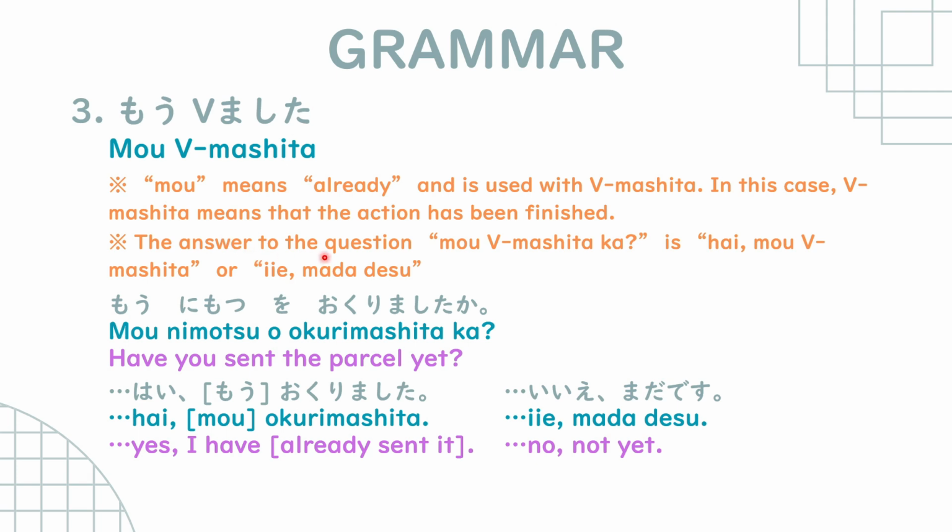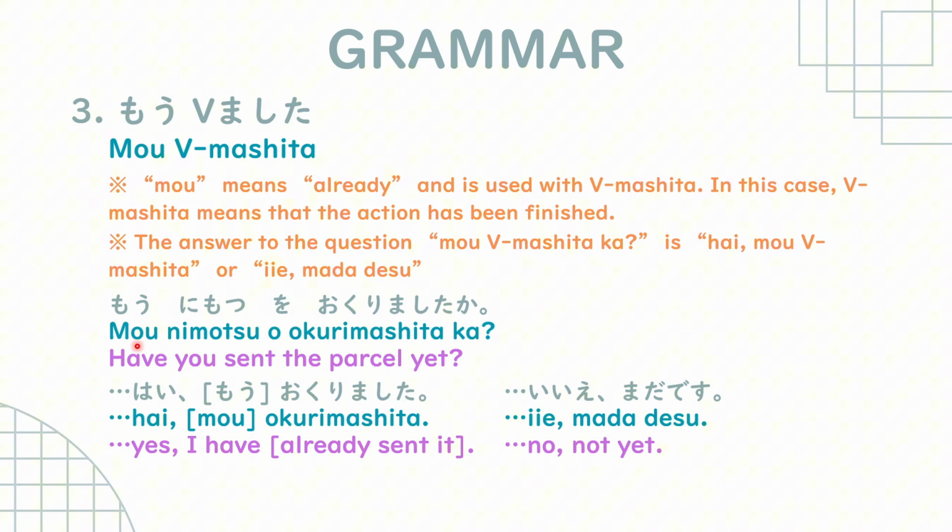So the answer to the question, mo verb mashita ka, is hai, mo verb mashita, or iie, mada desu. So if it's hai, you repeat the verb mashita. If it's iie, you say mada desu. Mada means not yet, okay? Not yet, mada desu. We have here, for example, もう荷物を送りましたか?